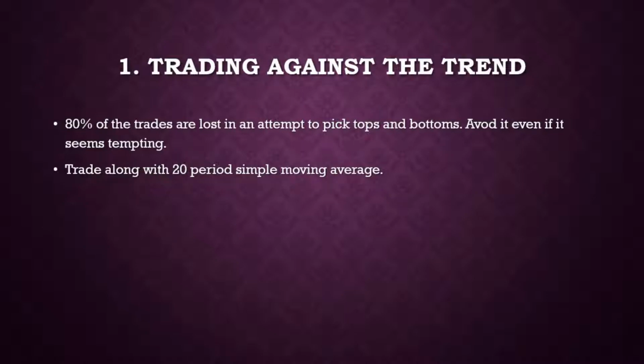That means when the 20 period simple moving average is inclined, you are a buyer. When it is declined, you are a seller. That's it. We'll be discussing it in detail in the next video. Let's move to the next main reason why people lose their account.